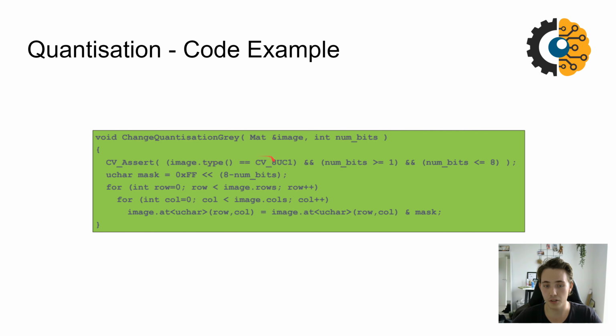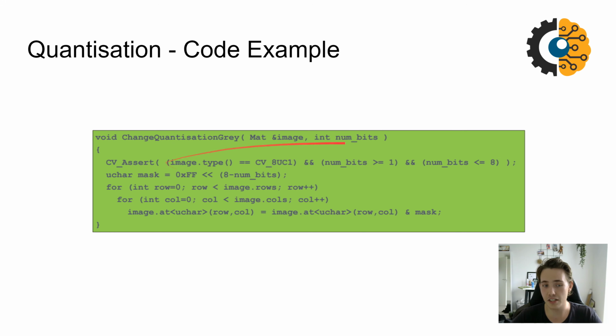It's a good idea because in this case we're checking if the image that is passed to the function is of this type, CV 8 bits UC1, and the number of bits is greater than or equal to 1 and less than or equal to 8. So our image needs to be a specific type, and the bits have to be between 1 and 8.